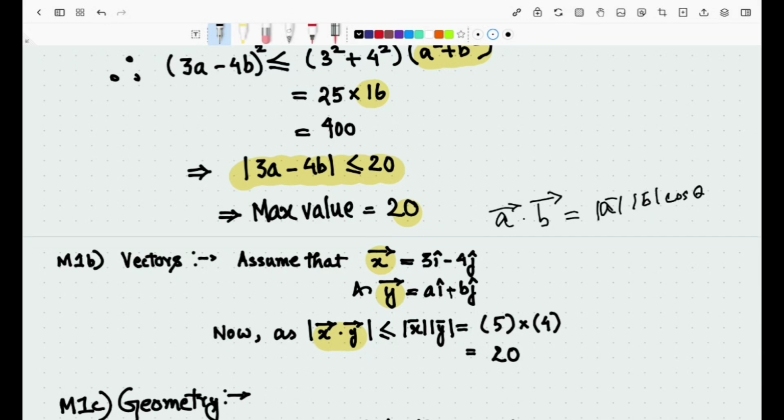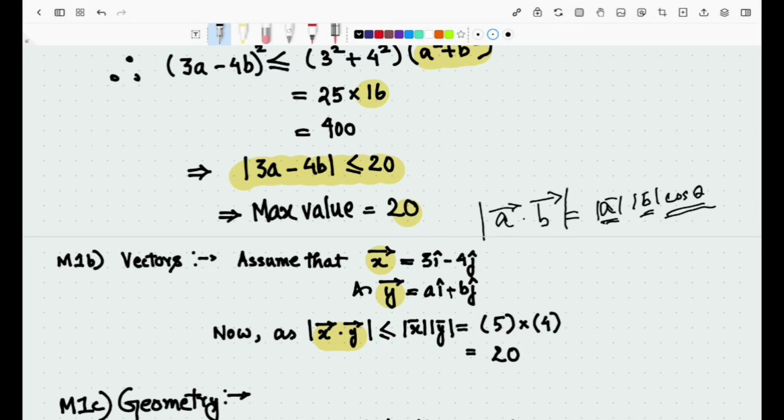Now this cos theta varies between -1 to +1. This one is a positive quantity, this one is also a positive quantity, but cos theta might be a negative or a positive quantity.